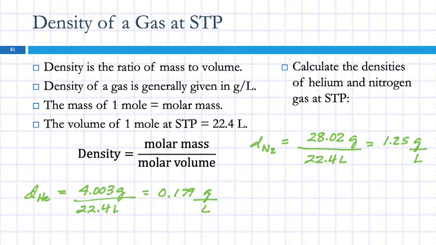So under the same temperature and pressure, density of nitrogen is significantly larger than that of helium. Air is mostly nitrogen gas, so this is close to the density of air. Helium is much less dense, and that's why things filled with helium will float. Any questions?